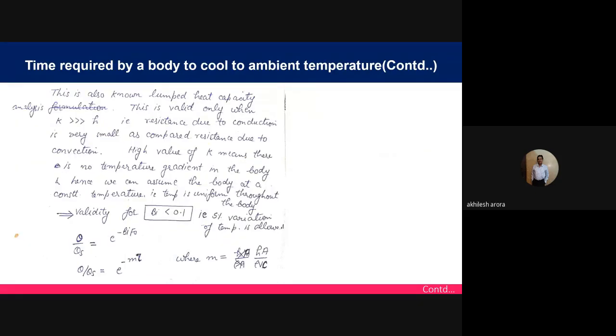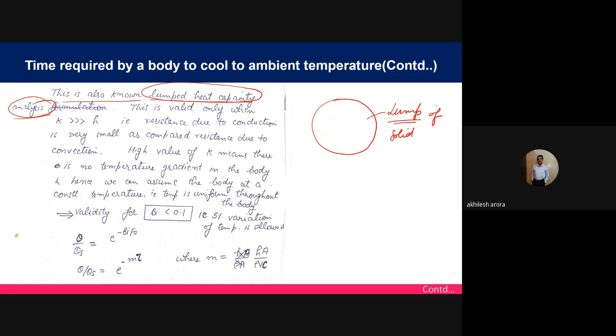Now I will let you know this page only, and then I will finish the lecture. The topic which we have just covered is known as lumped heat capacity analysis. This is very, very important. It is lumped heat capacity analysis because we have considered the solid body as a whole, as a lump of solid.